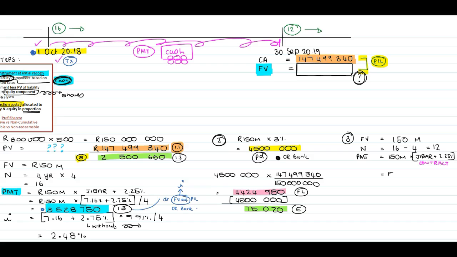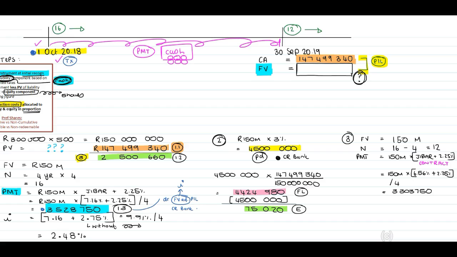Therefore, this will be the 150 million times the new JIBAR, which is the 6.56% plus the 2.25%. And remember, divide this by 4 because quarterly payments. And this will be an amount of 3,303,750. Look at this, guys.